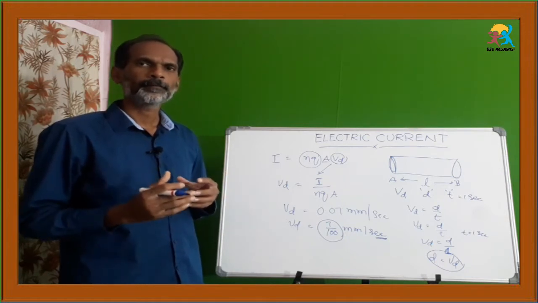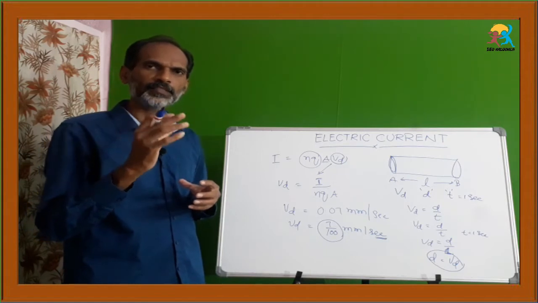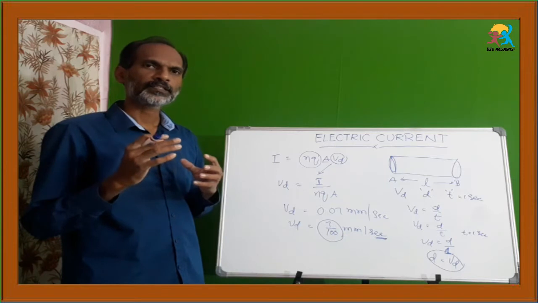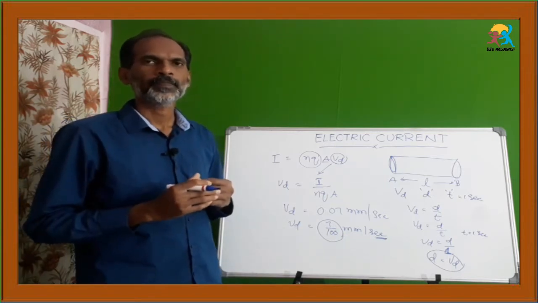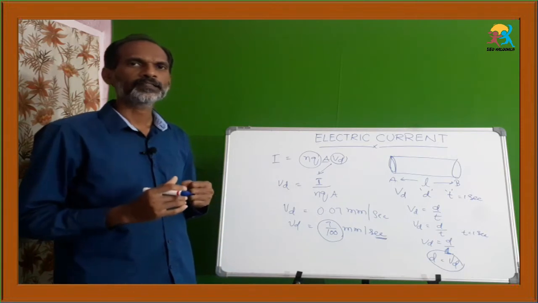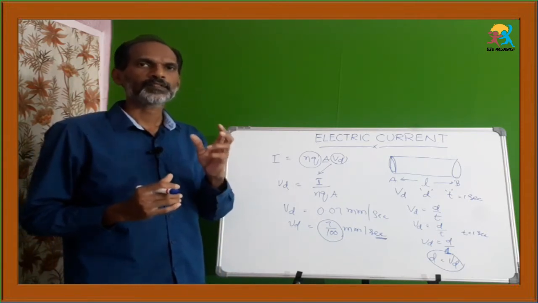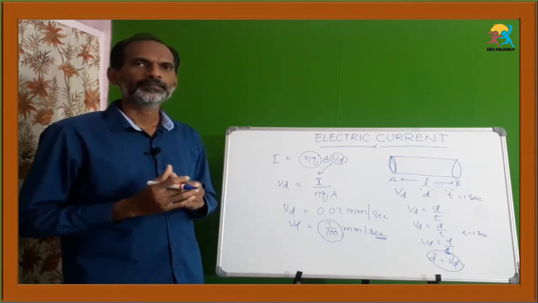It means once the switch is on, the battery sets up an electric field along the complete length of the electric conductor. Due to this electric field, the electrons drift along the entire length of the conductor.